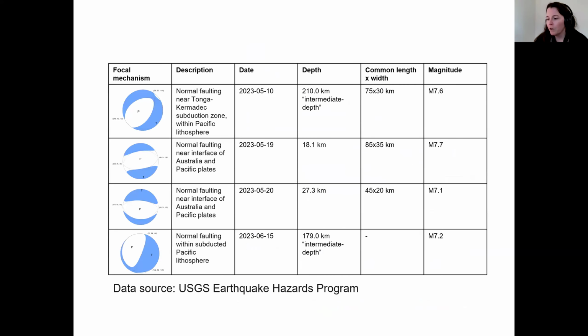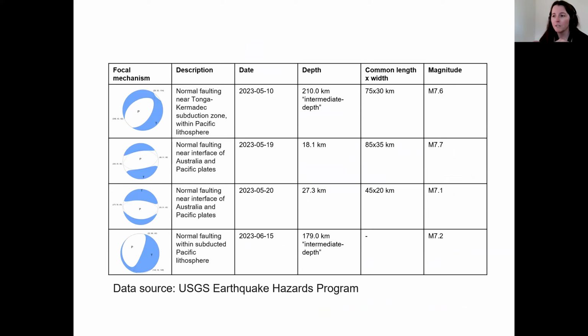Then just a brief overview of these four earthquakes. What's important to note is that the May 10th and the June 15th earthquakes are considered intermediate depth. So this is actually a fault within the subducted Pacific lithosphere.